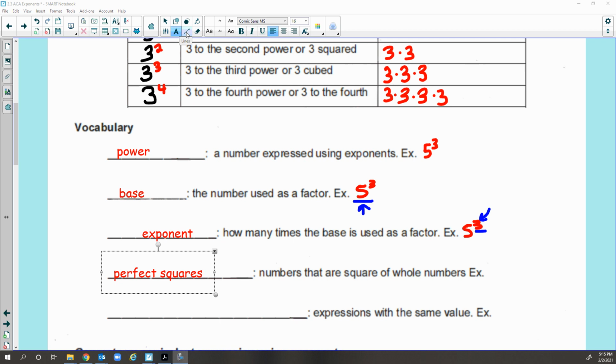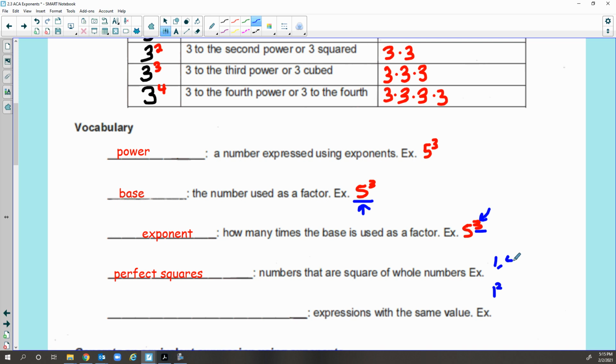Some examples of perfect squares are the following. 1 is a perfect square because 1 squared is 1 times 1, which gives me 1. Another example is 4. 4 is a perfect square because that would be 2 squared. 2 squared is 2 times 2. It's not 2 times the exponent 2. It means the base is repeated twice. A lot of kids get that one mixed up, so just be careful.